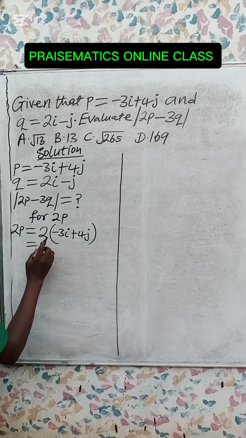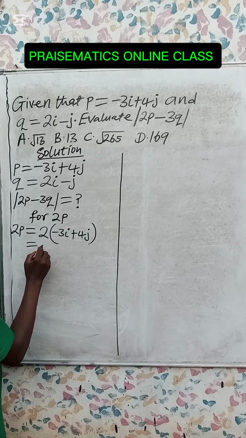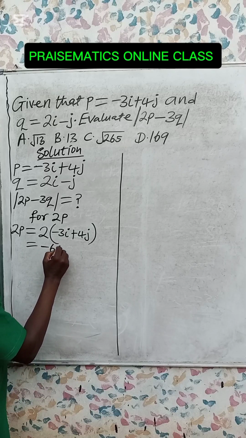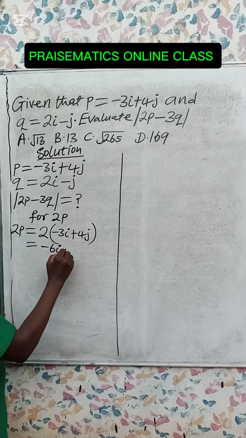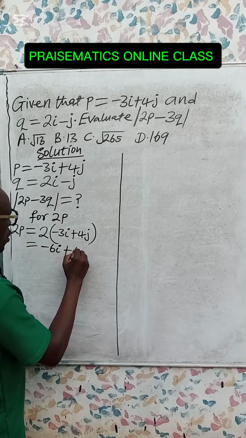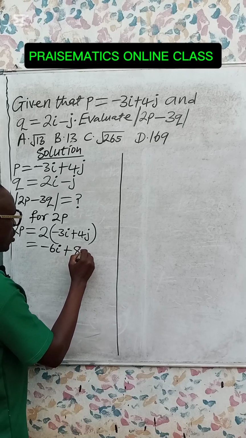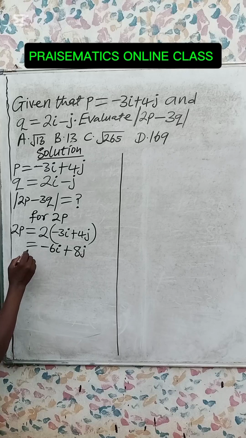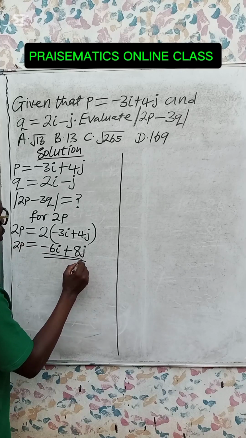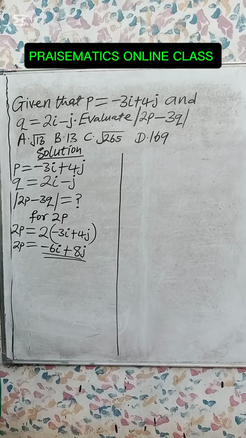Now 2 multiplied by the bracket: 2 times minus 3i gives minus 6i, plus 2 times 4j gives 8j. So the value of 2P is minus 6i plus 8j.